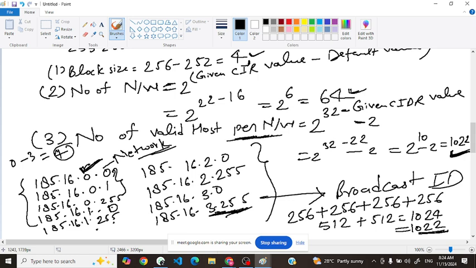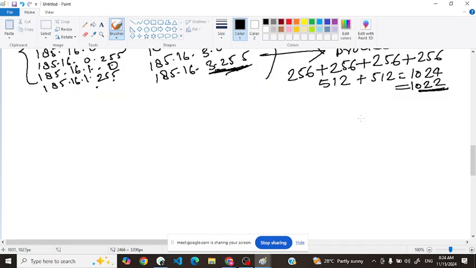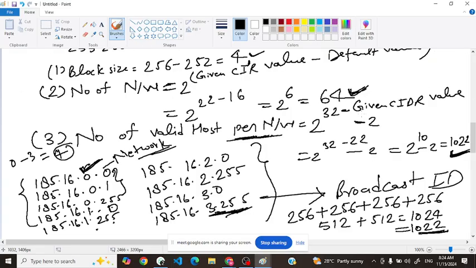This is only in a single network. And how many networks can we make? 64 networks here. So if someone asks for the total number of IP addresses, what will you do?